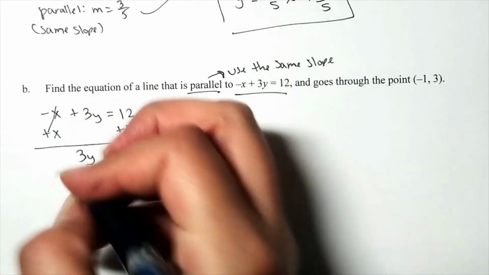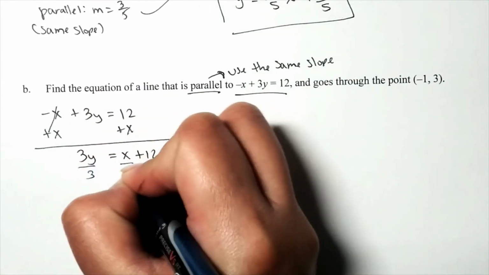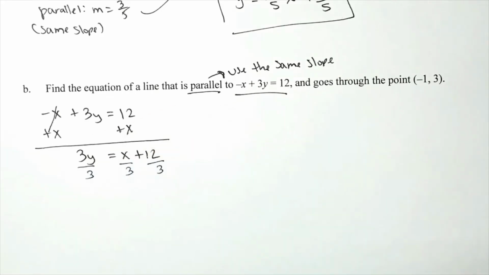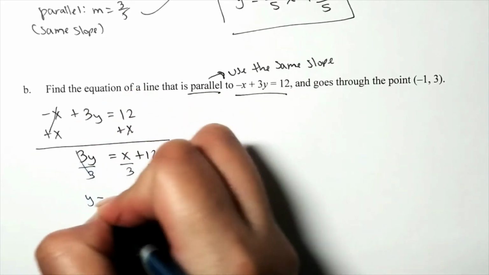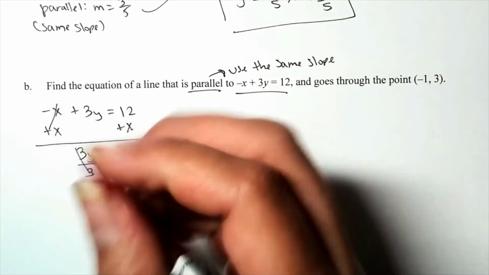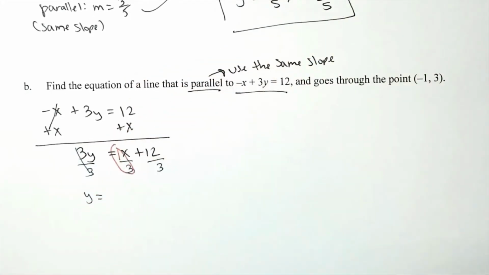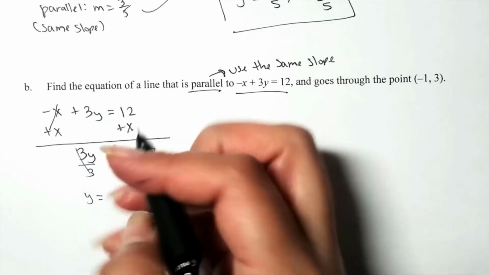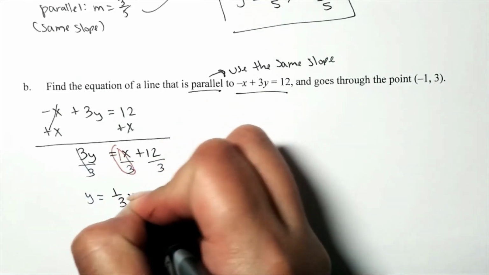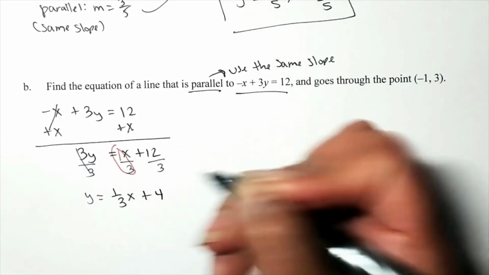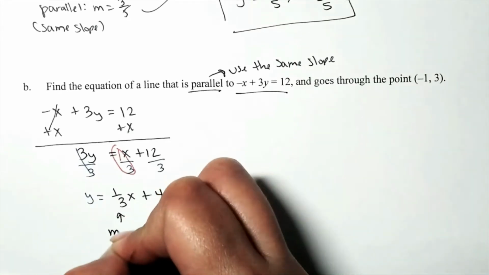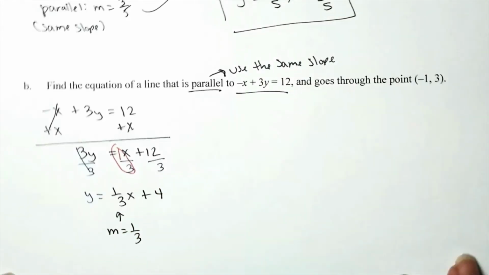To get rid of the times 3, let's divide both sides by 3. That will leave us with y = 1/3 x + 4. So the slope of this equation is 1/3.